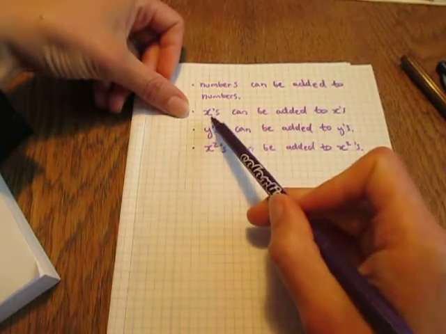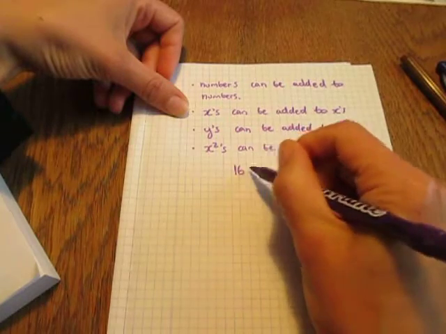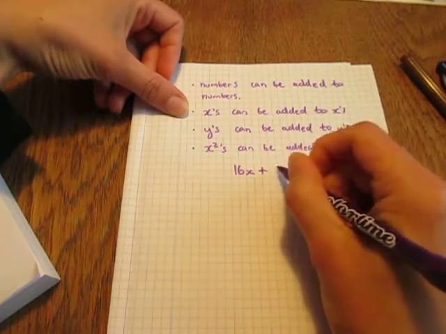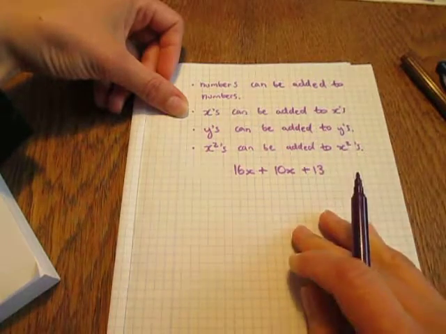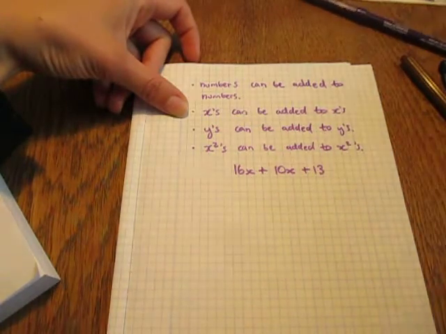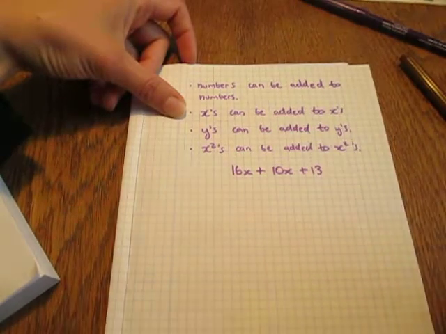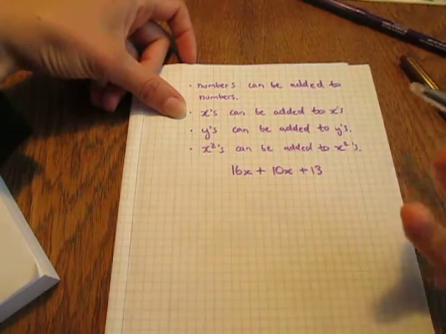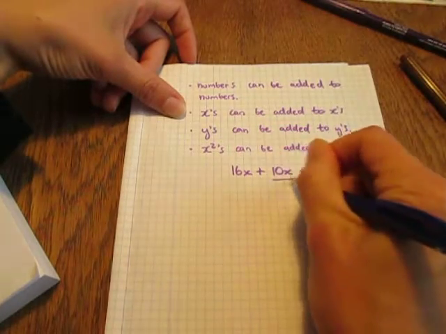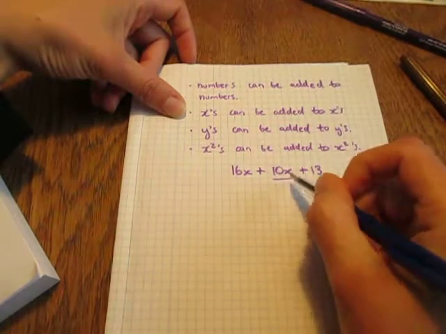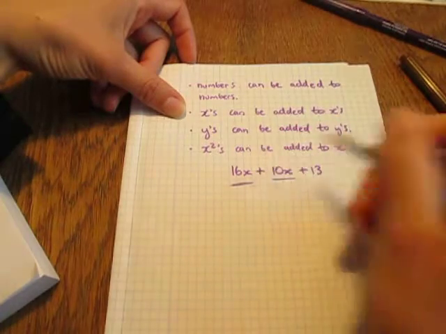So if you have 16x plus 10x plus 13, you have to look at them and say, which of these terms is like another term? And the two like terms here are 10x and 16x.